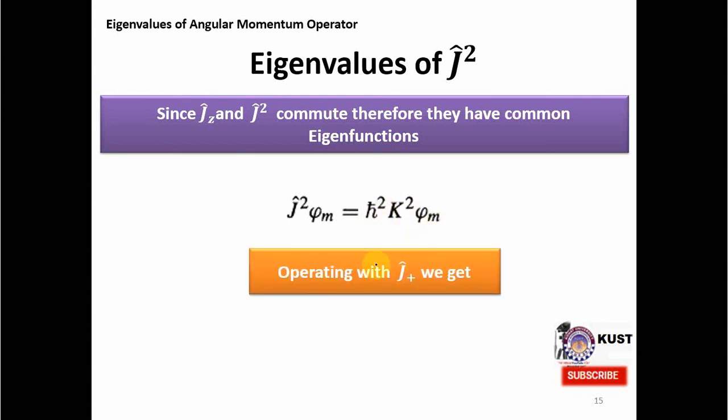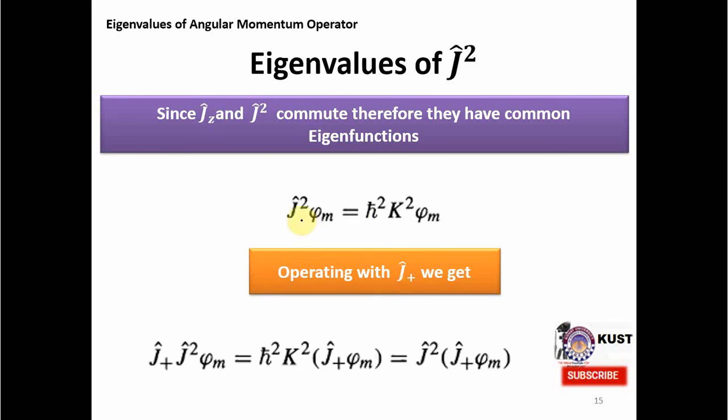Operating with j plus on this one, since j square acted already, we will have h bar k square and then j plus acting on phi m, and then you can write this h bar k square as equal to j square. So what we have done is, since we know that j square and j plus commute with each other, you can just change the order without adding any term, because they commute with each other.